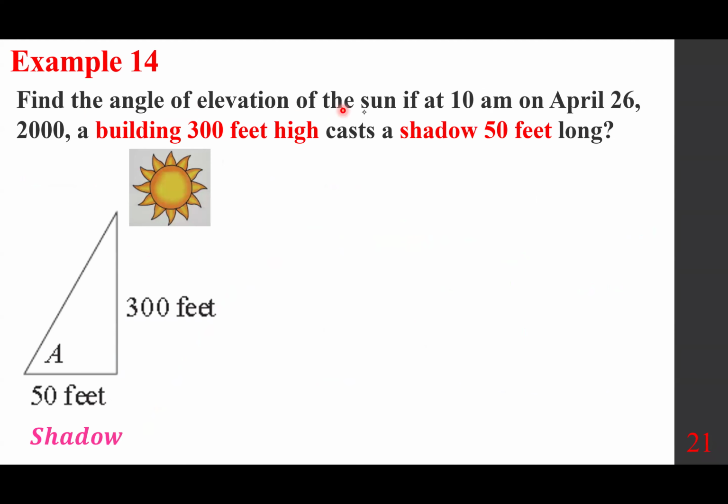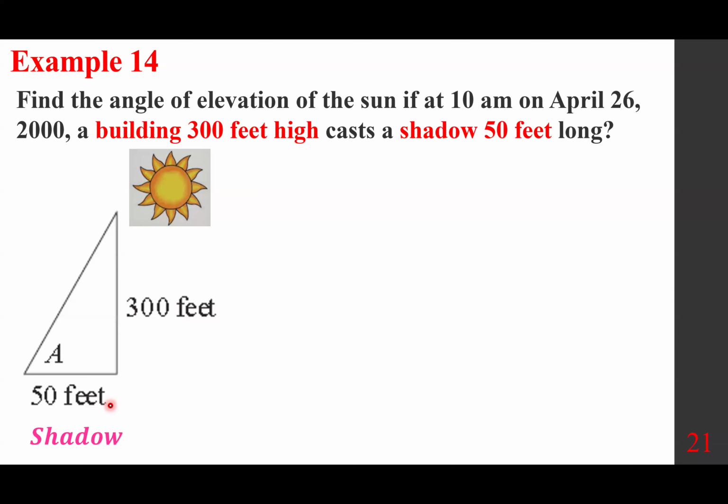Find the angle of elevation of the sun if at 10 a.m. on April 26, 2000, a building 300 feet high cast a shadow of 50 feet long. So here's the sun. This building is 300 feet, and it creates this shadow of 50 feet.